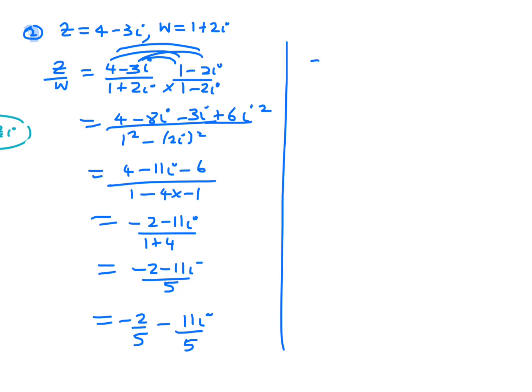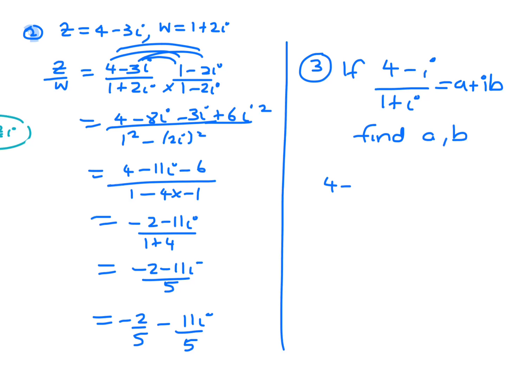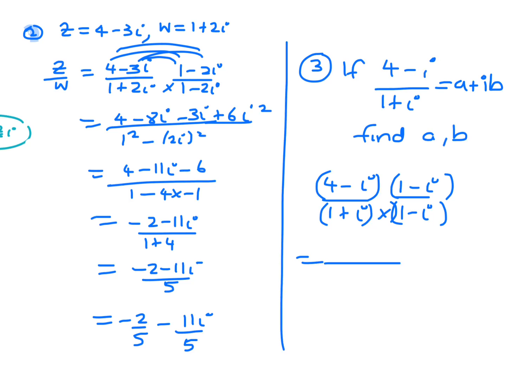Okay. All right, so what if we had 4 minus i on 1 plus i equals a plus ib, find a and b. Okay, so if we take this and we multiply by the complex conjugate on the bottom, so the difference of two squares, so for the left-hand side, the bottom is 1 squared minus i squared.